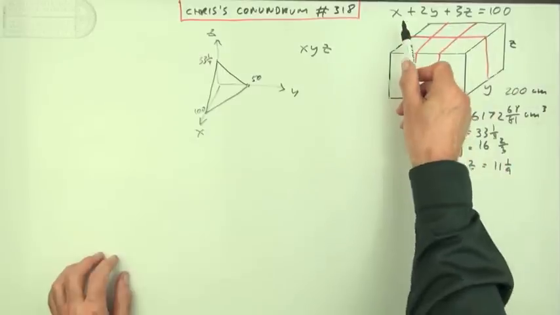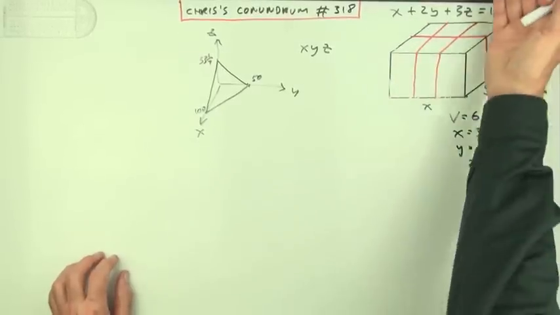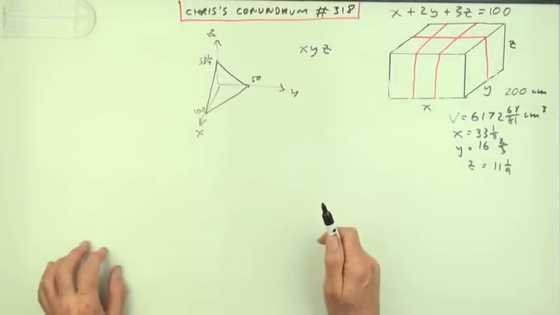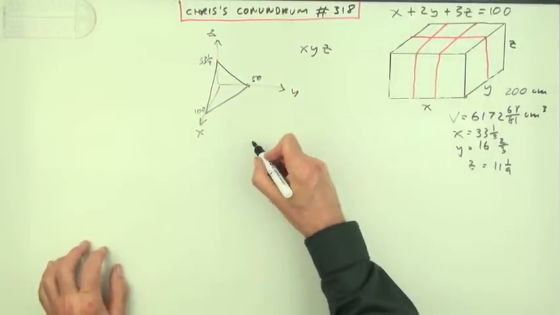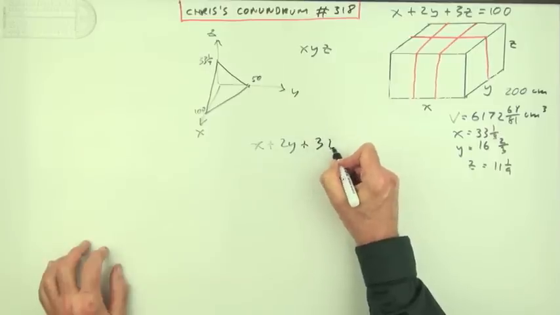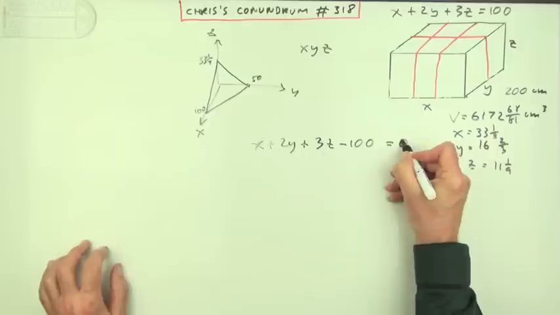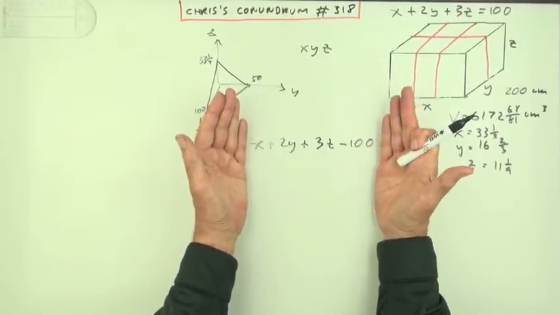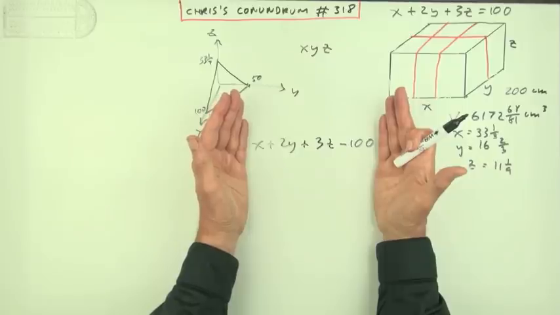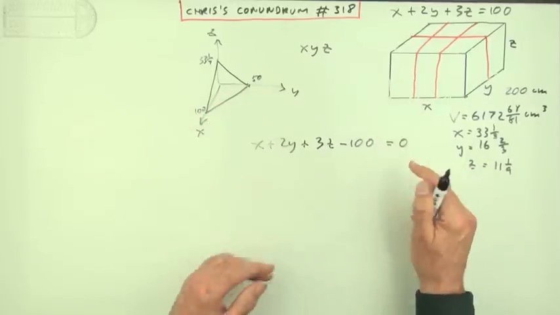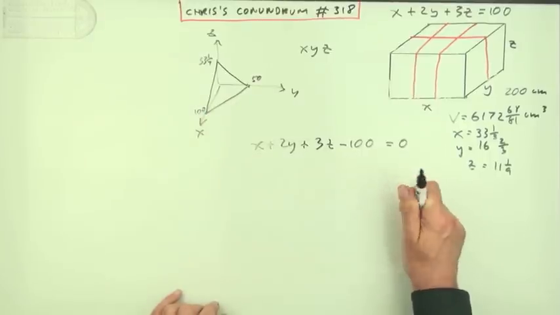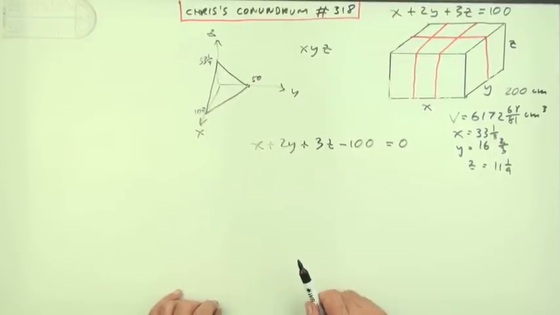Because strictly speaking, x plus 2y plus 3z, without being equal to 0, is also a function that fills every point in space. So if I put it the other way around, x plus 2y plus 3z minus 100 equals 0, that function is just the same thing. That's got a value at every point in space. But if I just pick out the points where that all comes to 0, that gives me a level surface. And that's what this is. It's called the zero level surface.